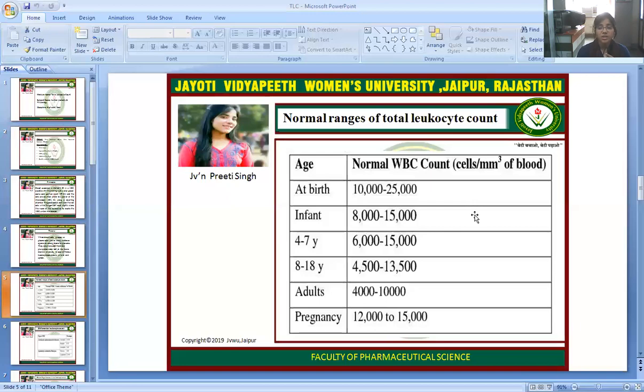At 8 to 18 years, the values are lower, and in adults, 4,000 to 10,000. In pregnancy, 12,000 to 15,000. So this is the overall range of normal WBC count and normal ranges of total leukocyte count.